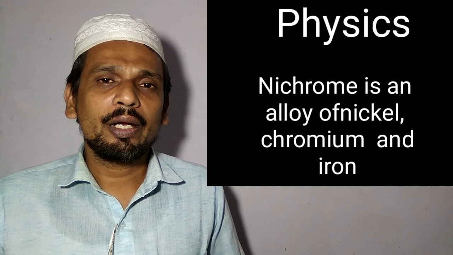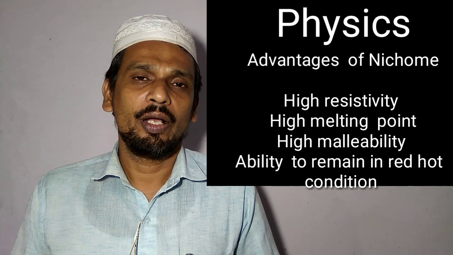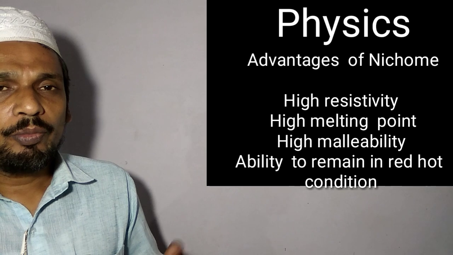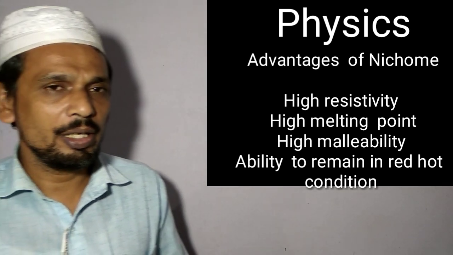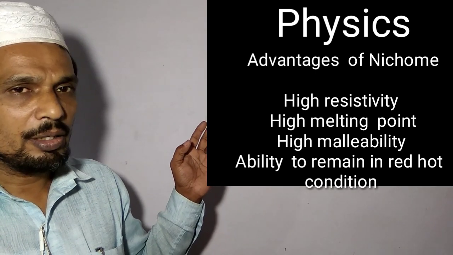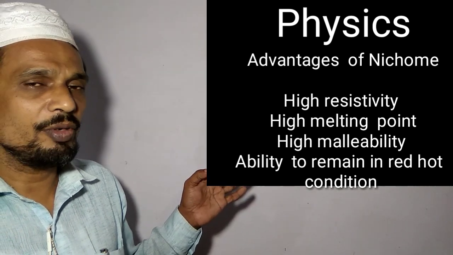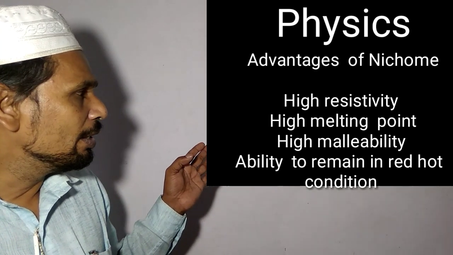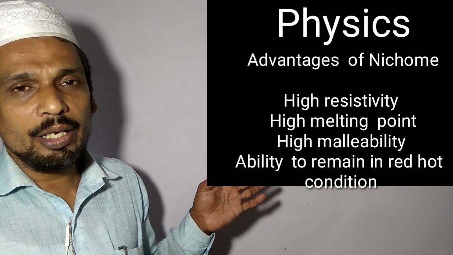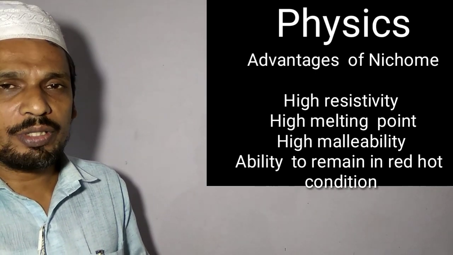Why is nichrome selected to make the heating coil? What are the advantages of nichrome? There are four main advantages: high resistivity, which is the main important factor, high melting point, high ductility, and the ability to remain red hot for a long time without getting oxidized.